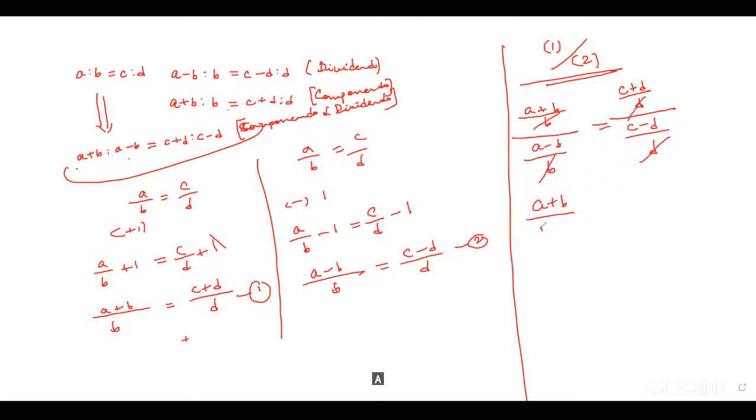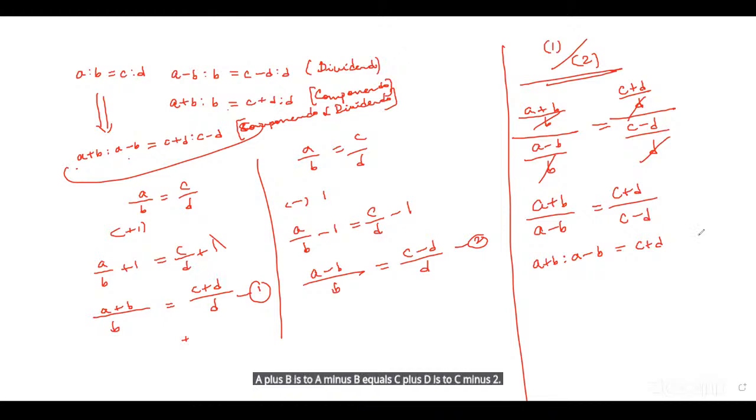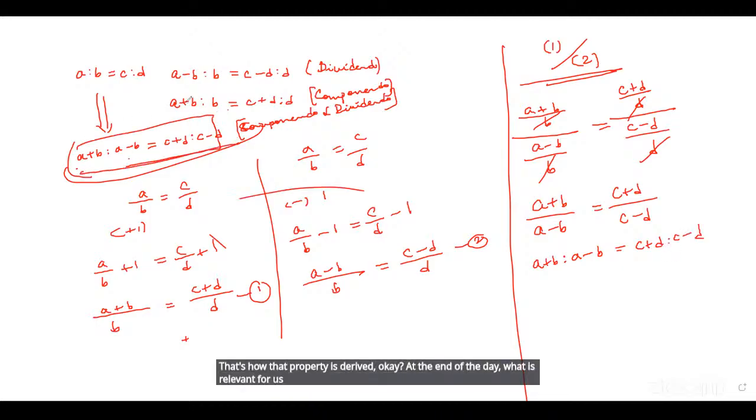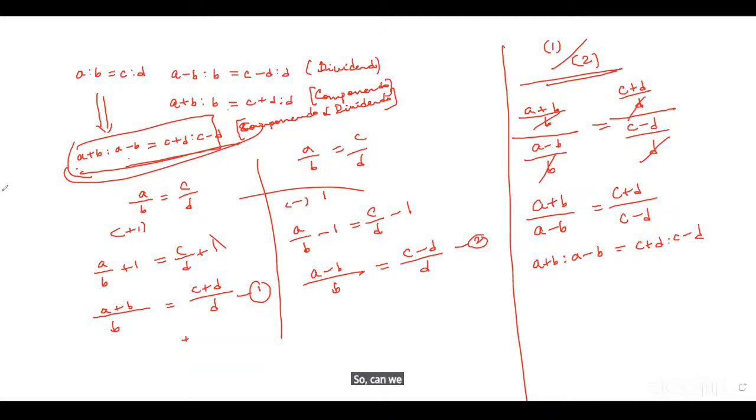A plus B by A minus B is equal to C plus D by C minus D, which gives us A plus B is to A minus B equals C plus D is to C minus D. That's how that property is derived. At the end of the day, what is relevant for us is this property. So can we write this?